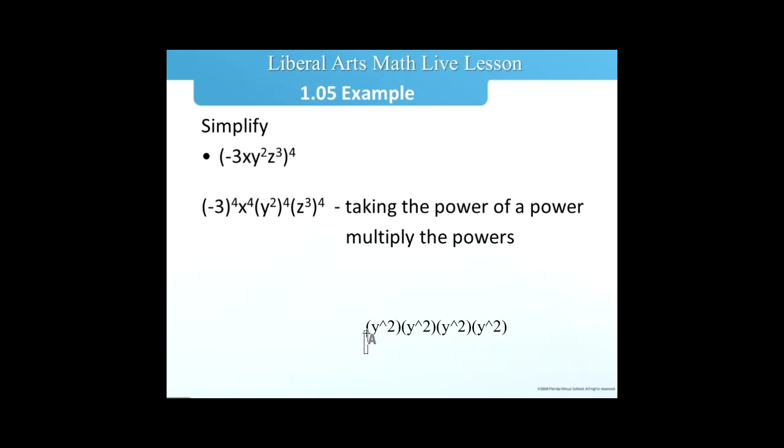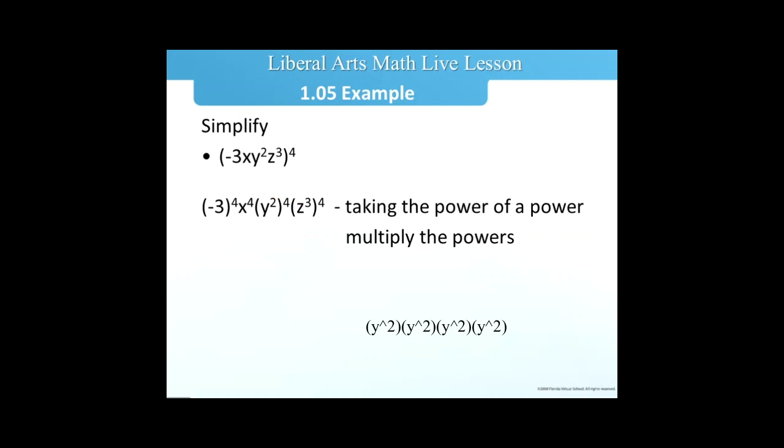We took those powers and we added them together when we multiplied them. So here we have y to the second times y to the second times y to the second times y to the second. This is y to the second to the power of 4. So then we add the powers. 2 plus 2 is 4, plus 2 is 6, plus 2 is 8. 2 times 4 is 8. So whenever you have a power taken to a power, you multiply those powers.